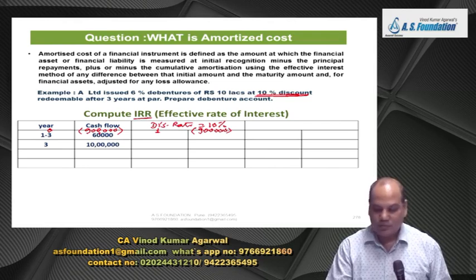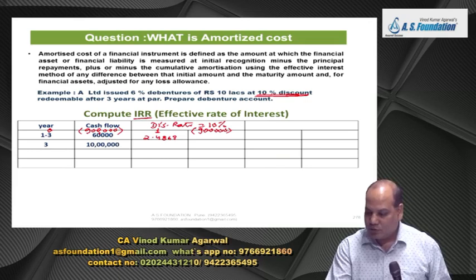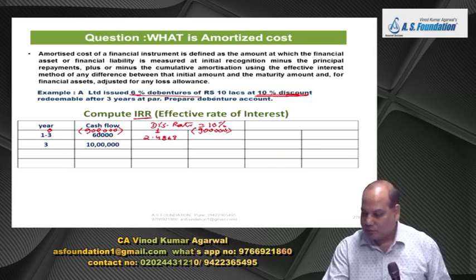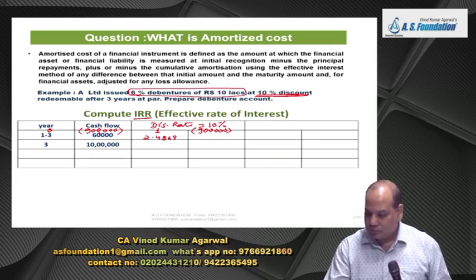Come on, a little fast. 2.4869 into 60,000 coupon. 60,000 is 6% of 10 lakh. 149,200, 211. Round off the last digit, don't write in paise. Factor for third year. Is it 0.7561? Yes.